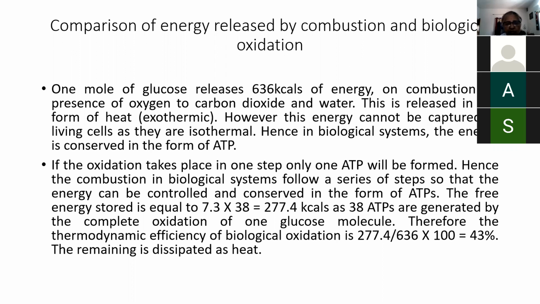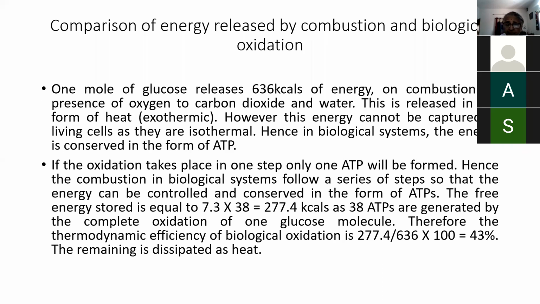This is an exothermic reaction. When you have done analysis of glucose, you have seen as soon as you heat, it just gets oxidized. A lot of heat is generated. We can do this experimentally, determine the amount of energy released, and it is 636 kilocalories of energy.